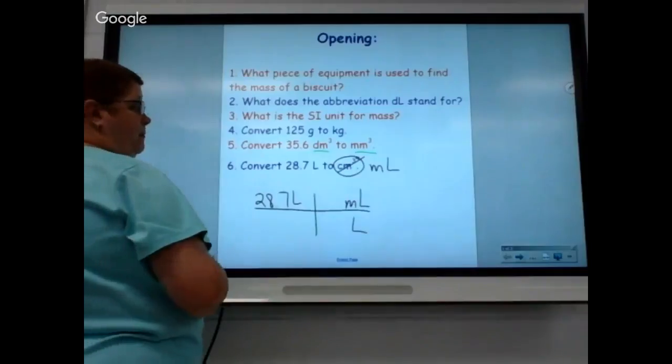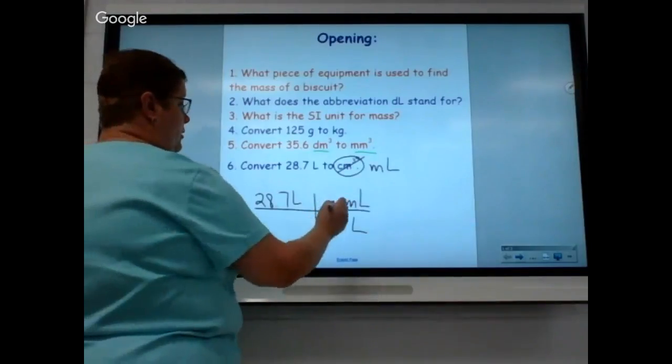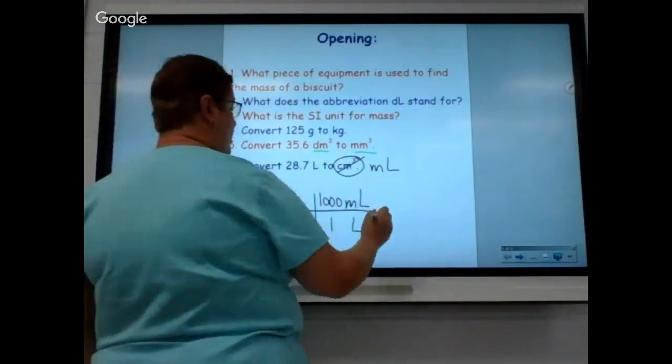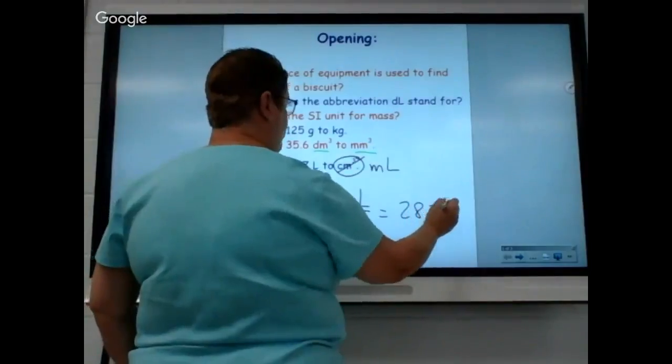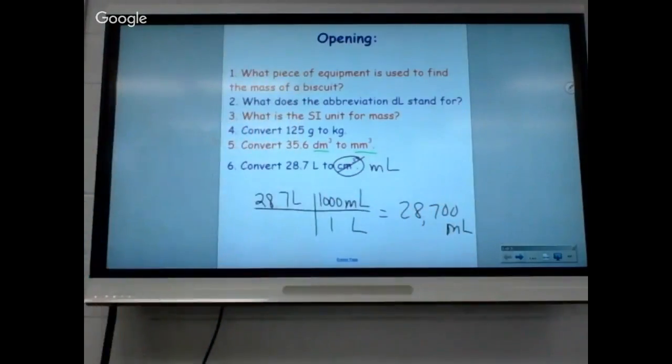Who's bigger? And how many spaces between a liter and a milliliter? So to calculate 28.7 times 1,000, like that.